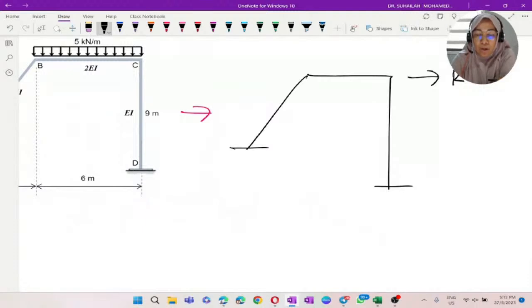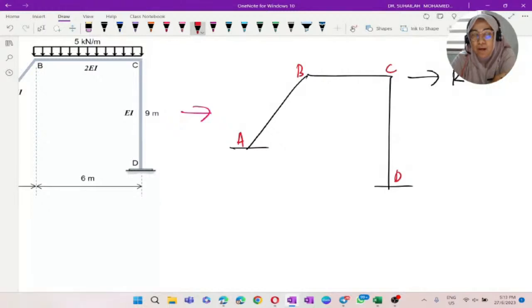Okay, look at the column and always remember we measure the deflection, or we measure displacement, for the column perpendicular to the member. Inside this frame, we have A, B, C, D. The columns are AB and CD.